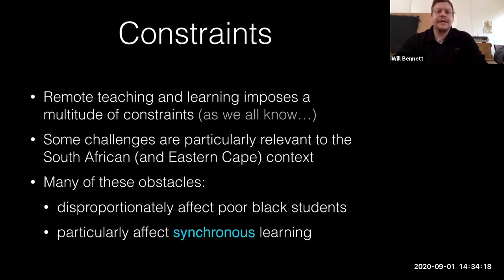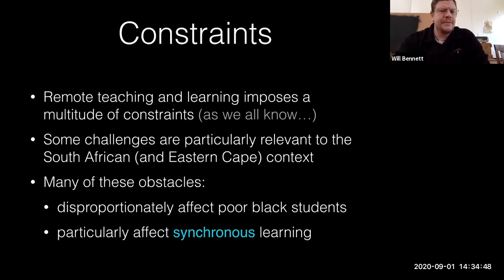So particularly poor Black students in the Eastern Cape face obstacles that are not necessarily present for students coming from different backgrounds. And we also know that some of these obstacles particularly affect synchronous learning. So what we wanted is to have a way of running our large first year course that would work around some of these problems.